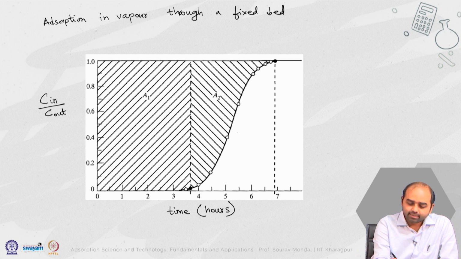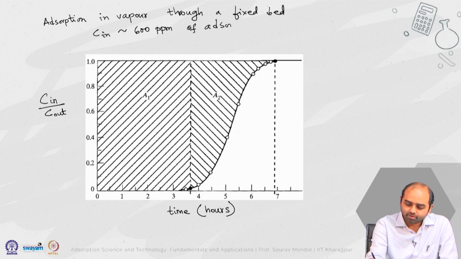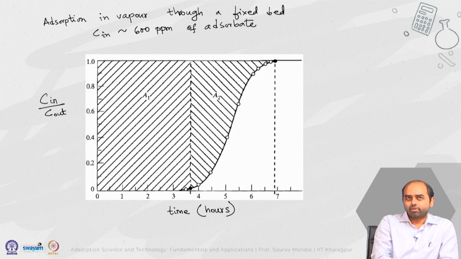The inlet concentration of this vapor is around 600 ppm of adsorbate, although that information is not very important in this case, but still for the knowledge I am writing it down. It is the relative ratio of the output with respect to the input that is important.